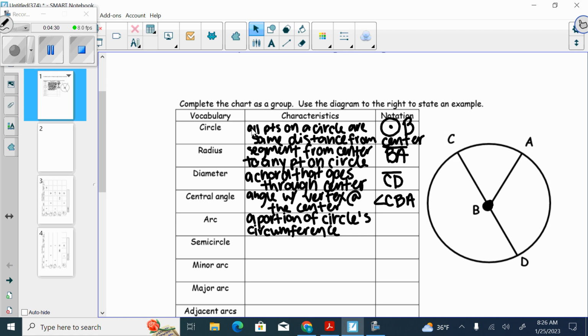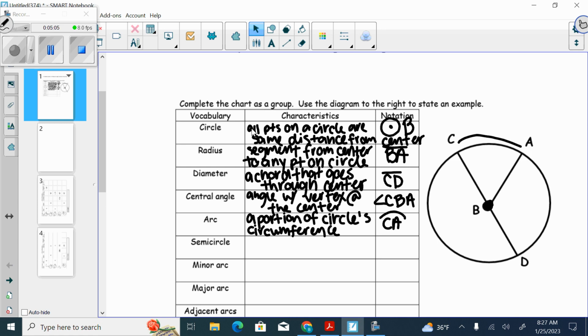And how do we name an arc? Right, very good. So, for example, what would I name this arc? I would put CA with the symbol above it. Is this a minor or a major arc? Minor. How do I name a major arc? Right, we have to put that third letter in there.